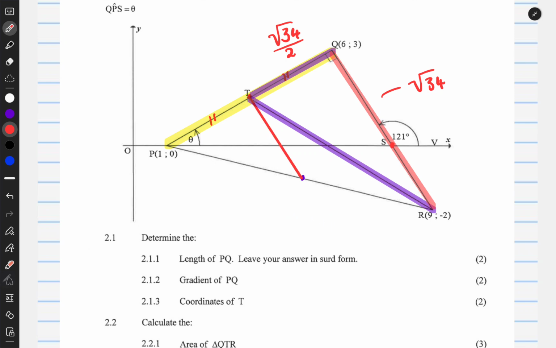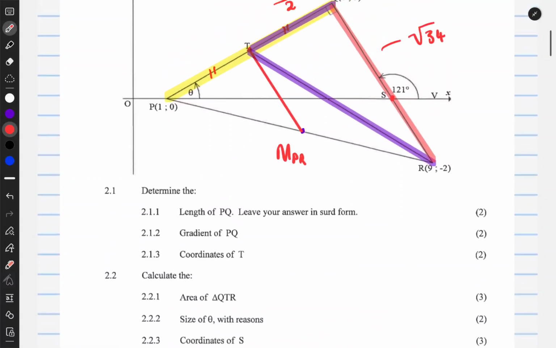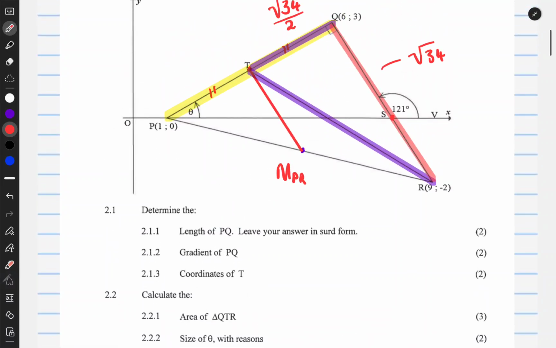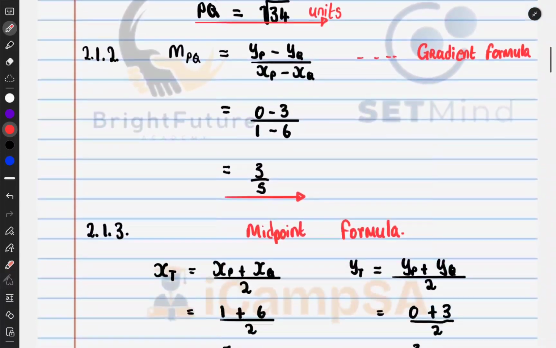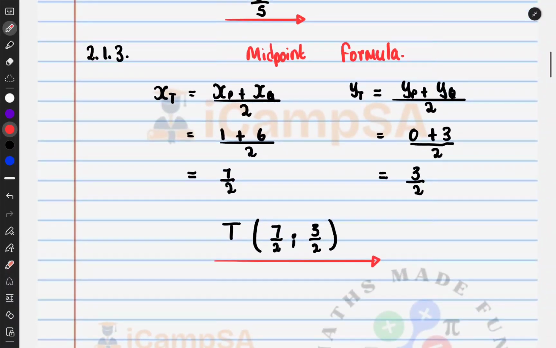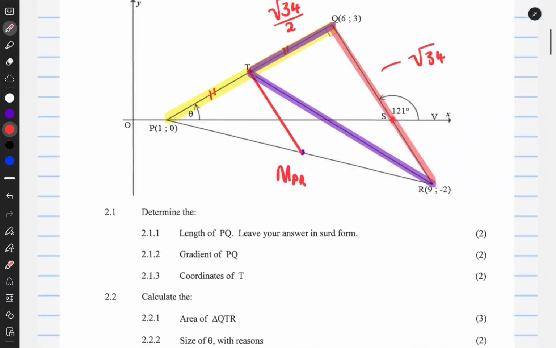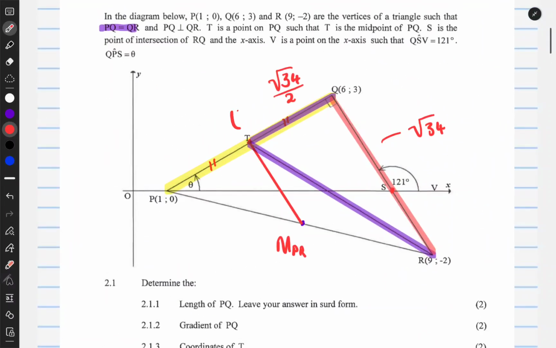So what do we have to calculate here? We have to calculate the midpoint of PR, and then we're looking for the gradient. So we need to find the coordinates of the midpoint of PR. We already know the coordinates of T, which we calculated: 7/2 and 3/2.